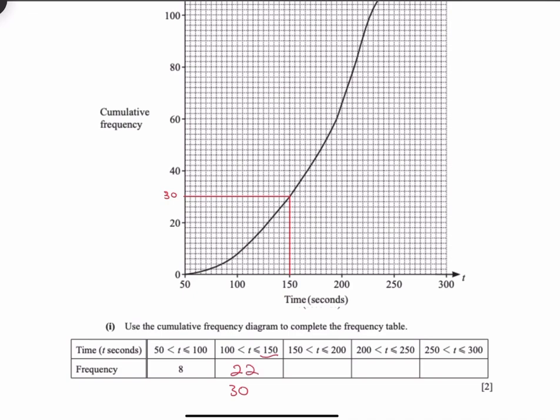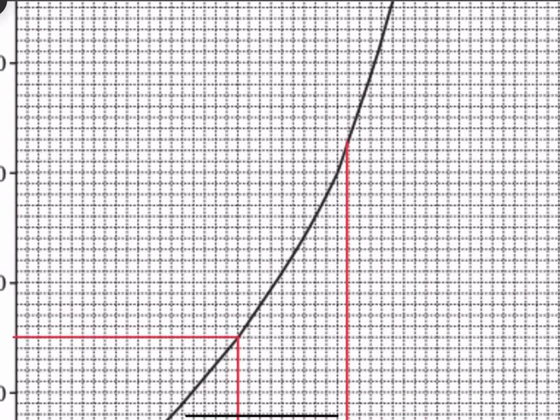Then from 150 to 200, again, focus on the 200. Okay, zooming in, I think I'm doing it the right way. And from here, we go in this direction. Perfect.